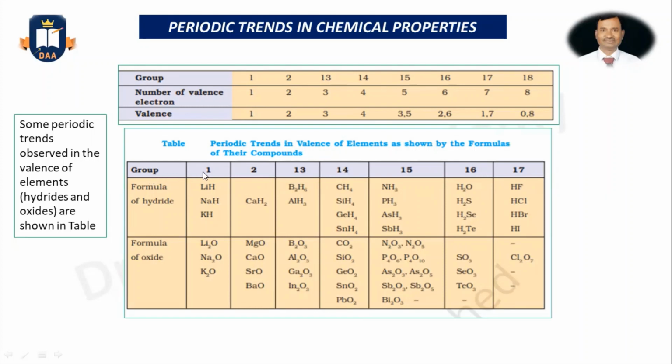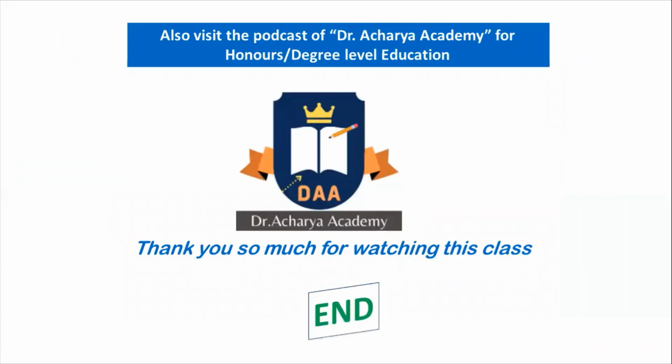Representative elements belong to groups 1, 2, 13, 14, 15, 16, 17. I hope you now understand what valence is, what oxidation state is, and how it relates to electronegativity to form different compounds.